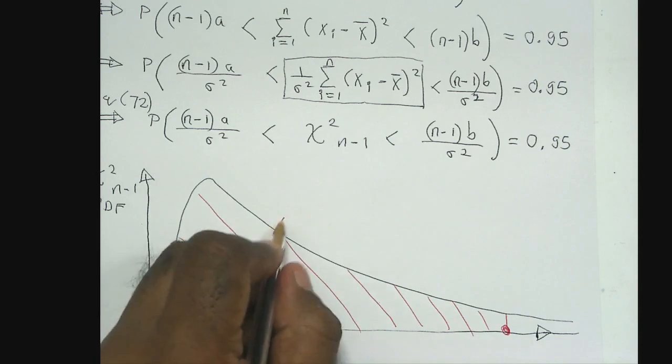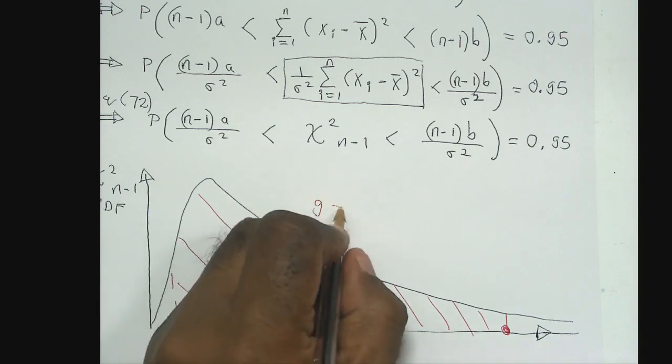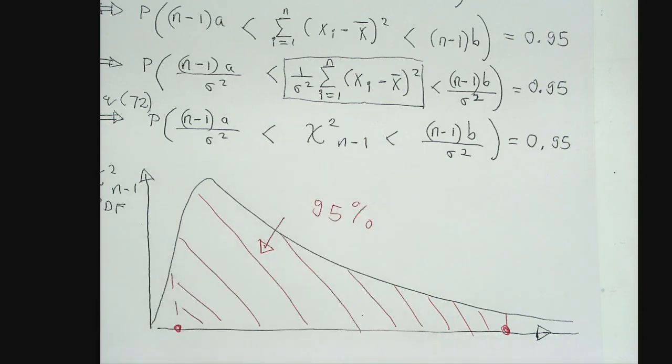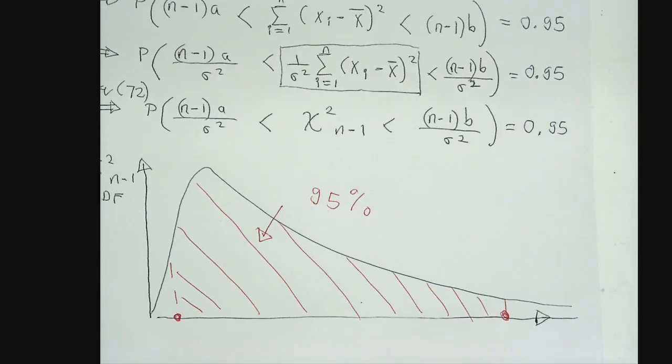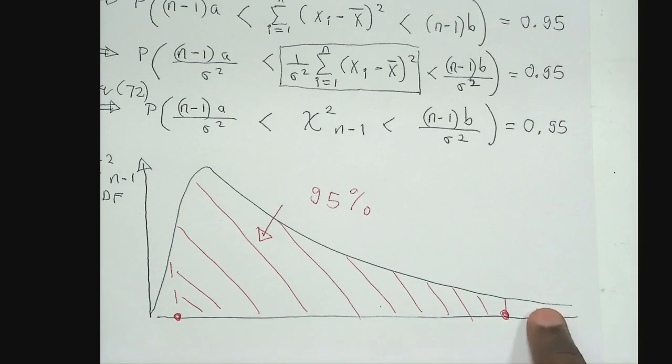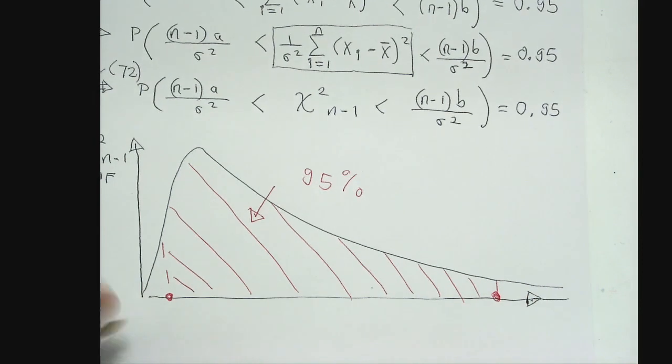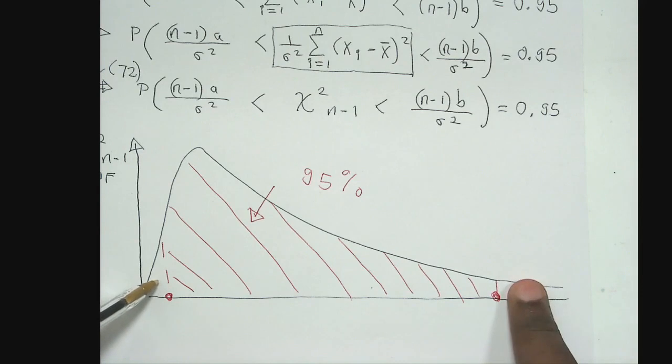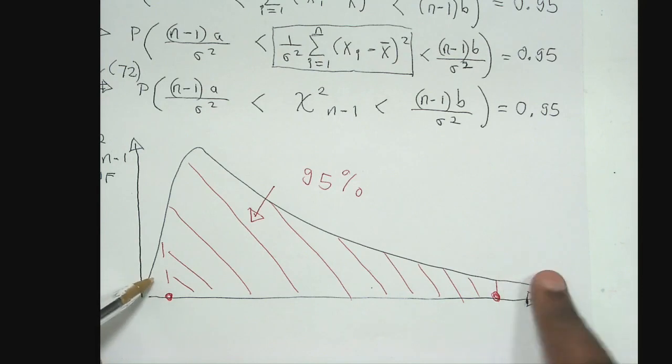So we are looking for a point over here and a point over here, so that the area between these 2 points, this area here, is 95% of the total area, right? So if this area is 95%, then this area and this area make up 5%. For example, this could be 2% and this could be 3%, or this could be 3% and this could be 2%, and so on.